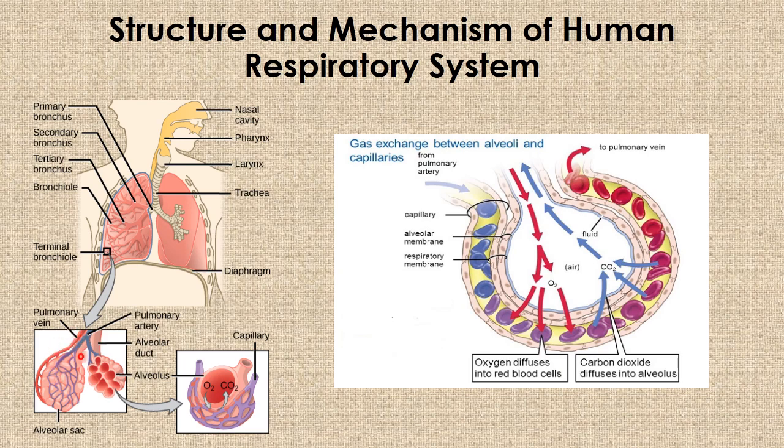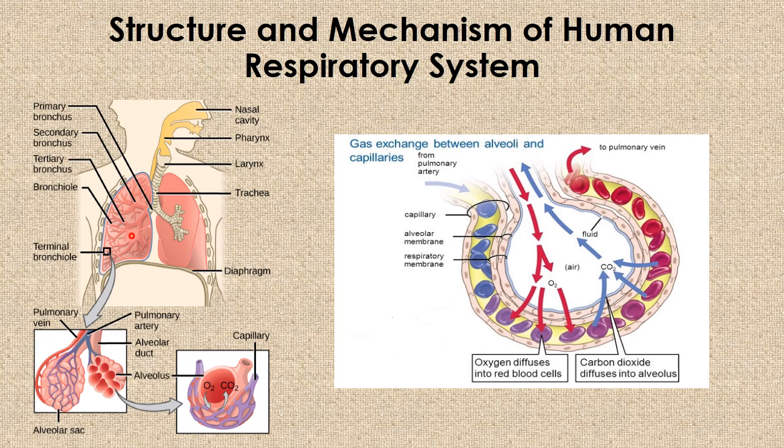is wrapped around by capillaries, which aid in the exchange of gases. So once the oxygen enters in through the nose and gets to the alveoli, the oxygen diffuses into the blood capillaries, while the carbon dioxide from the blood goes from the blood vessel into the alveoli, and from the alveoli it goes to the bronchioles.